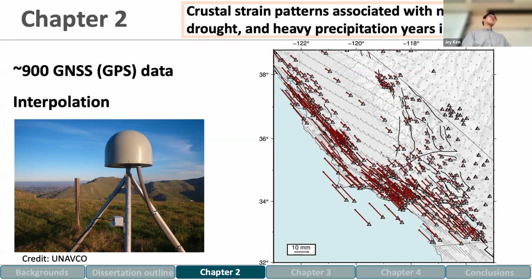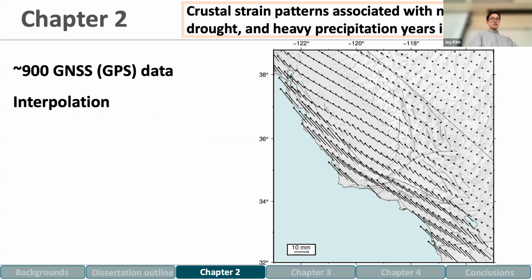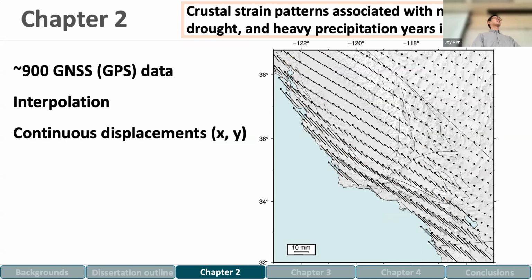And our group, my previous group, has a tool to interpolate these finite number of GPS displacements to obtain continuous displacement. Here is the steady state continuous displacement. And fortunately, after the onset of the EarthScope PBO project, we have a lot of continuously operating GPS sites, which means that we have GPS position time series.